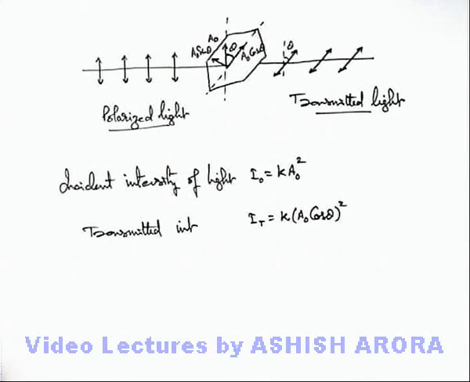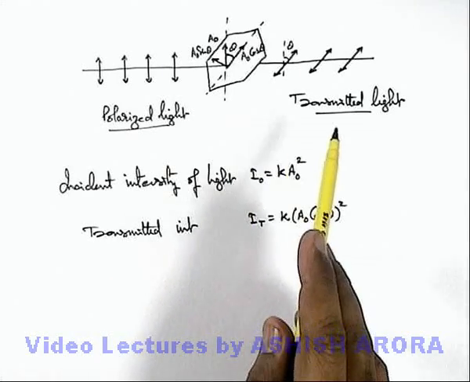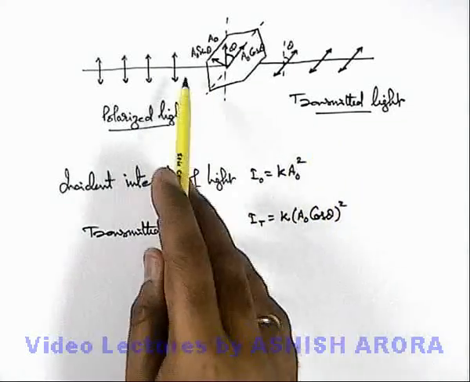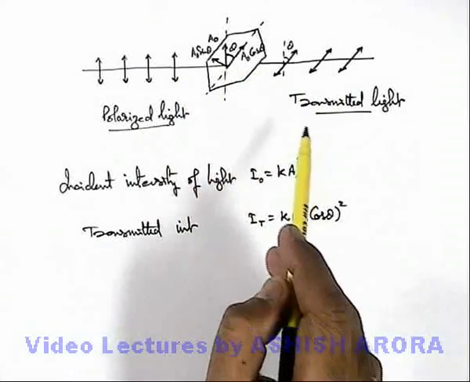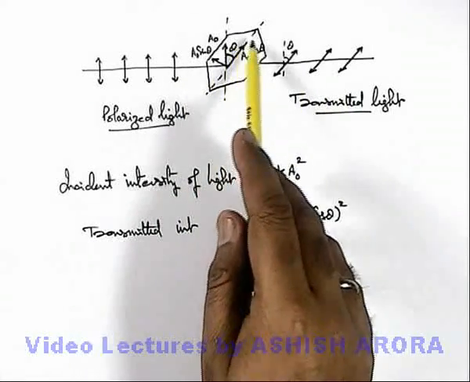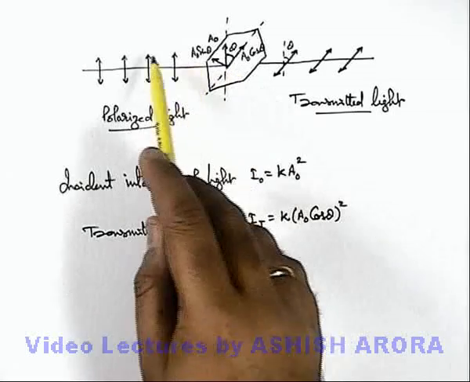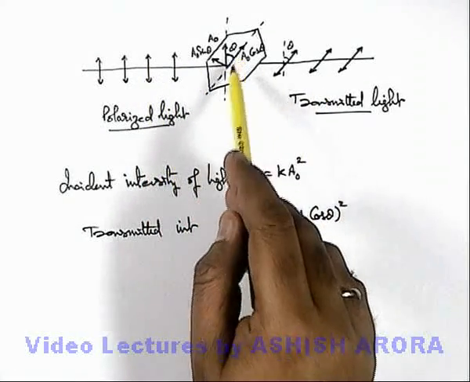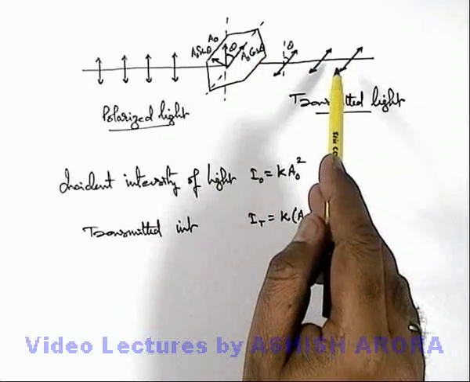So here let's continue our discussion on intensities of incident and transmitted light when it passes through a tilted Polaroid. We have discussed that when a Polaroid is tilted at an angle theta to the plane of the polarized light, the transmitted amplitude will be the component A0 cos theta only.